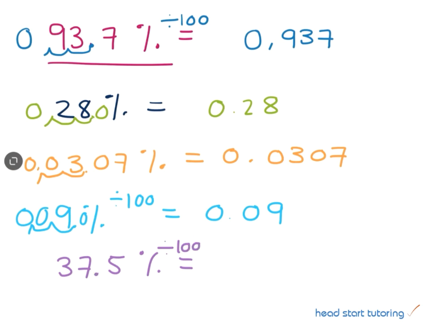So I bring my decimal point 2 places in, put my placeholders in, and I end up with 0.375. And just remember that when you're converting from that percentage into a decimal, you do not include your percentage sign anymore because it's no longer a percent, it is now a decimal.